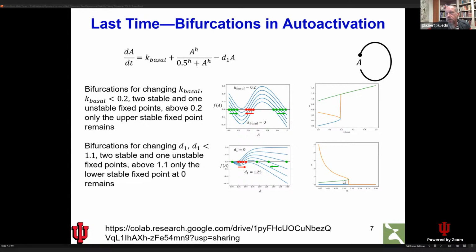The unstable intermediate point gradually goes up. It will collide with the stable fixed point on its way down, annihilate, and you'll have only the stable fixed point at 0. And so again, looking at the plot of the right-hand side, the rate as a function of these parameters, we can see what's happening, why we're getting the bifurcation diagram that we are.